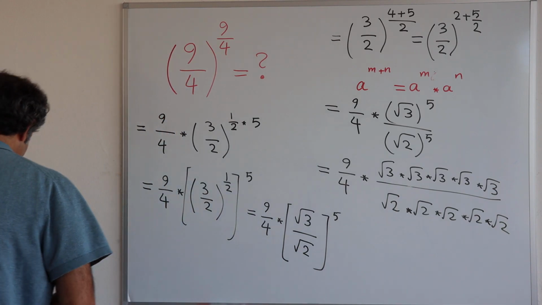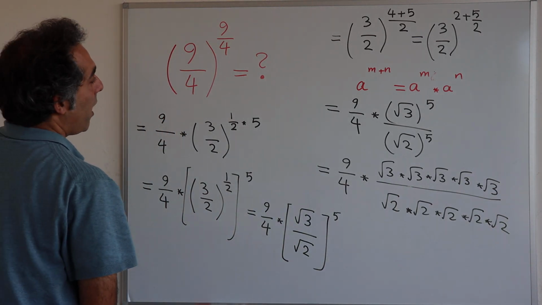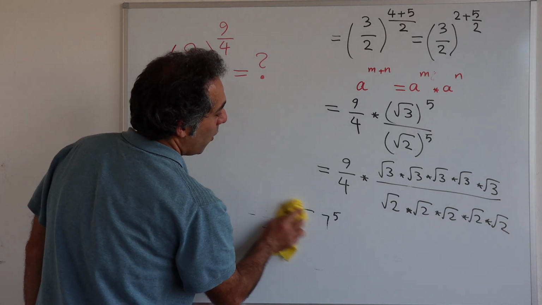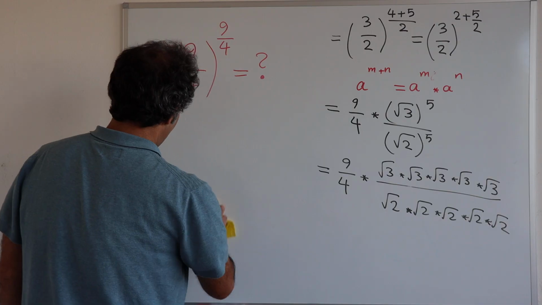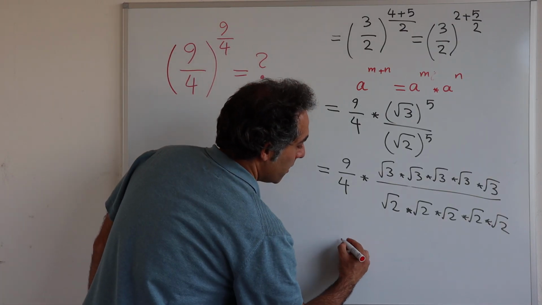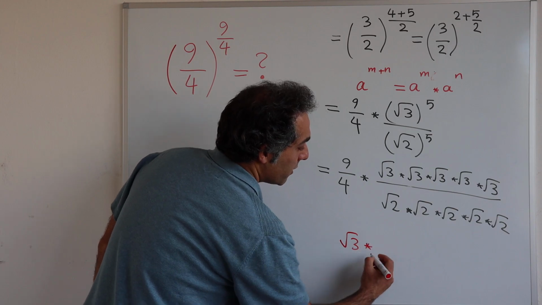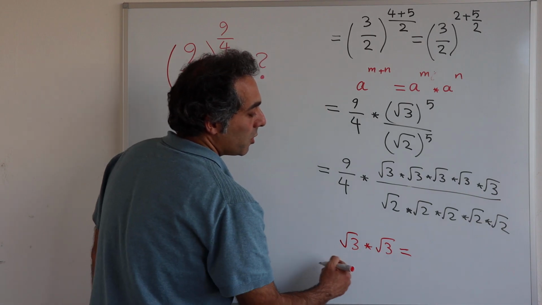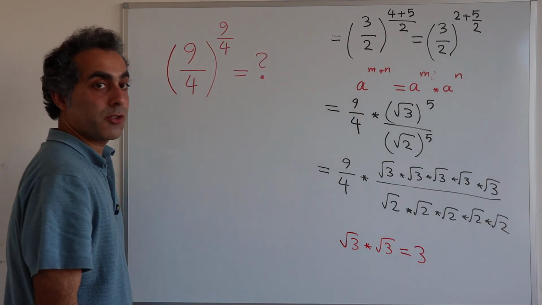And now I can simplify this whole expression, because square root of 3 and square root of 3, when they are multiplied, is just 3.